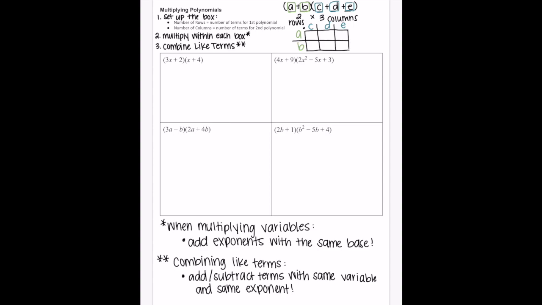So we're going to do some examples using actual polynomials that you would see. Starting with the first one, we have 3x plus 2 times x plus 4. So this is a binomial times a binomial. So 2 terms times 2 terms, which means we need 2 rows, 2 columns.